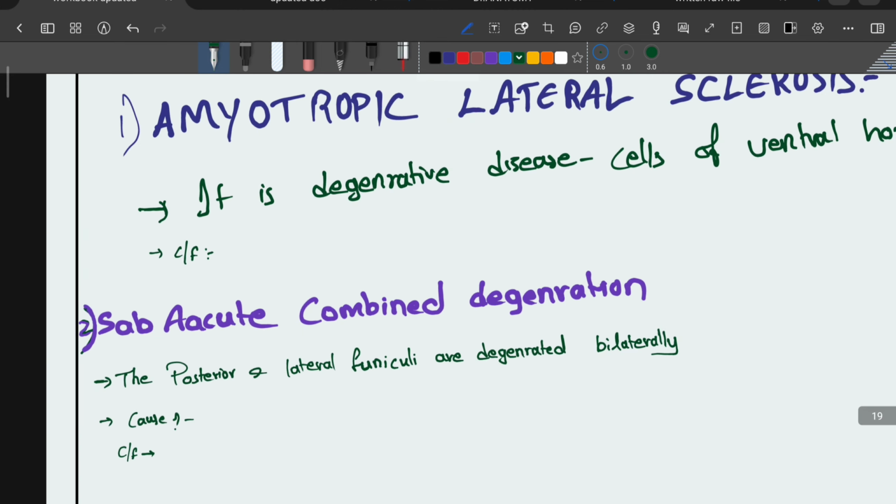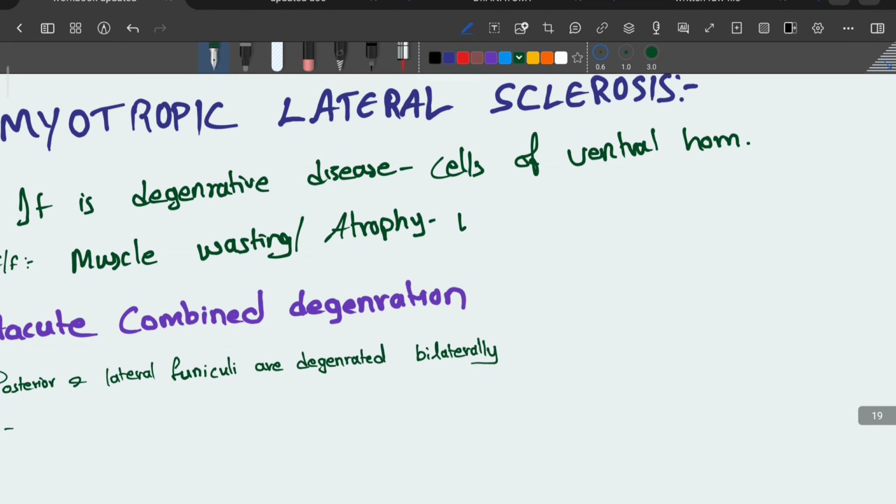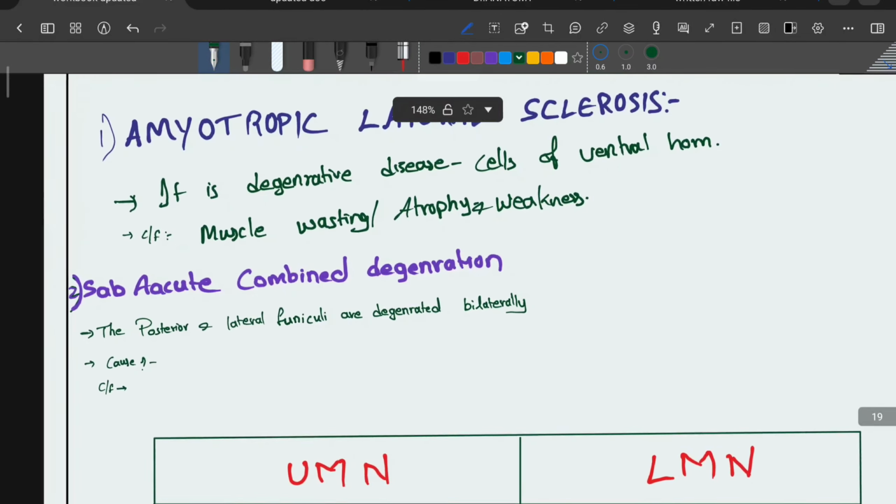What are its clinical features? When the cells of the ventral horn are degenerated, muscle wasting will be there, which we call atrophy, and weakness. So these are its clinical features in amyotrophic lateral sclerosis.